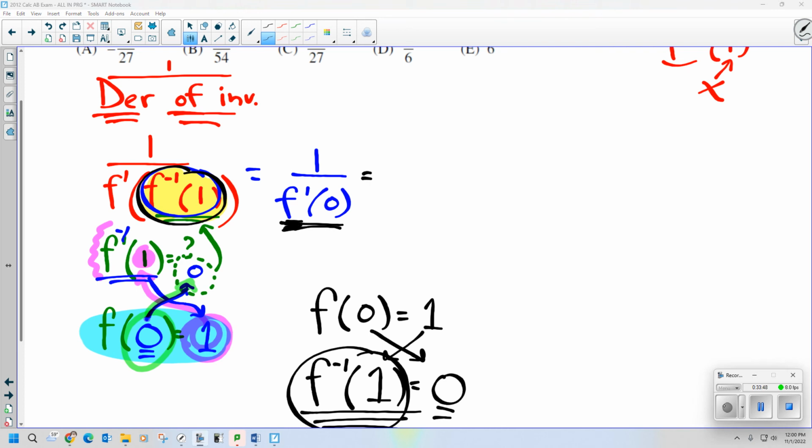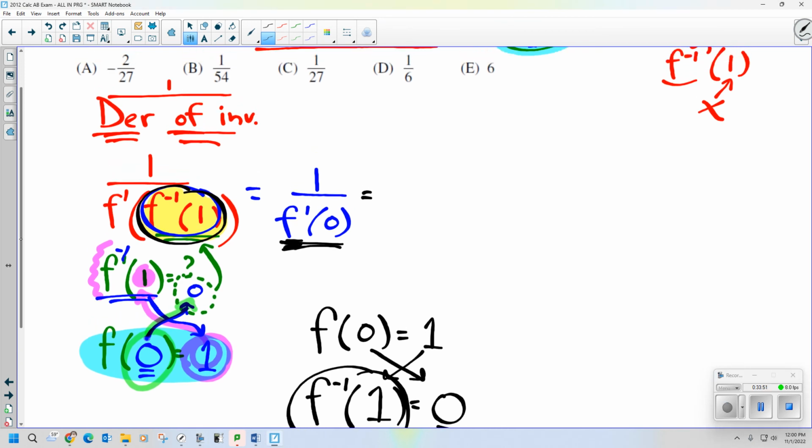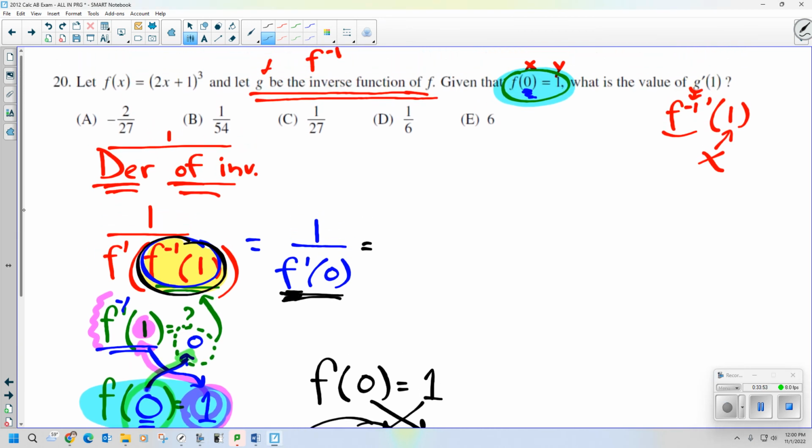Okay, so let's find that derivative of f. Here's f right here. I got to find the derivative of that. So f prime of x. The 3 comes down. I've got 3 times the inside stays the same. I subtract 1 from that exponent times the derivative of the inside, which is just 2. Okay?